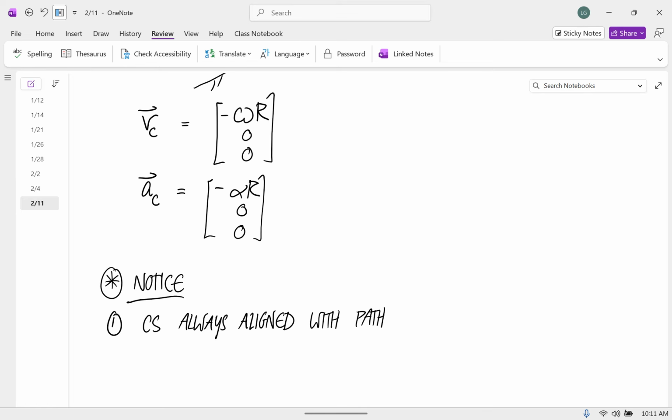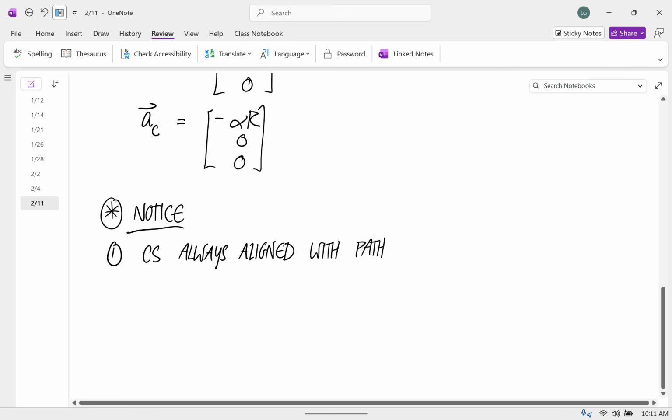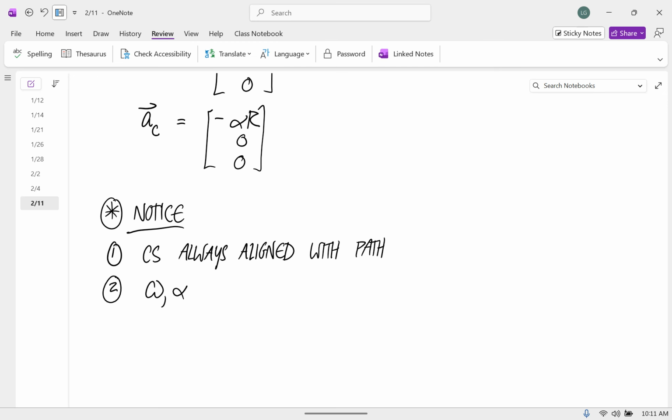You're not stuck here permanently or anything. But to use these formulas, you have to use this coordinate system. And then the second thing is that the omega and alpha sign convention is that counterclockwise is positive.